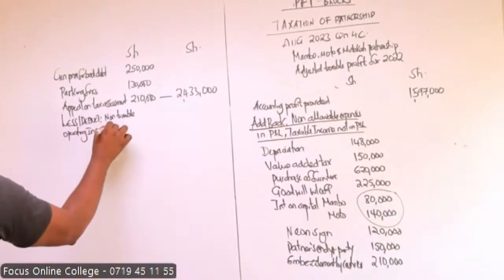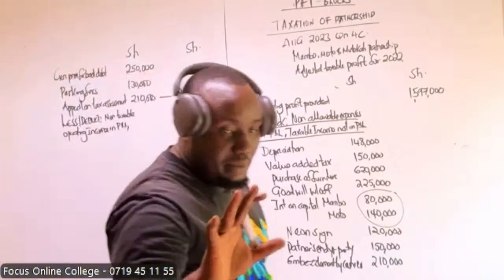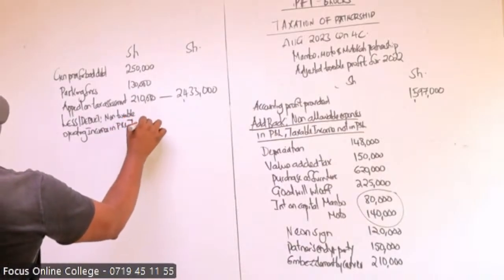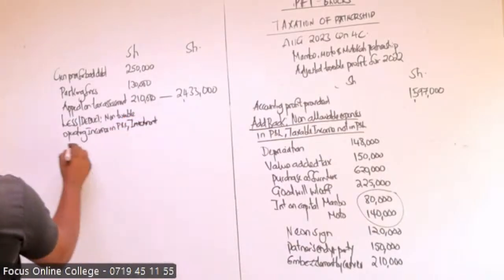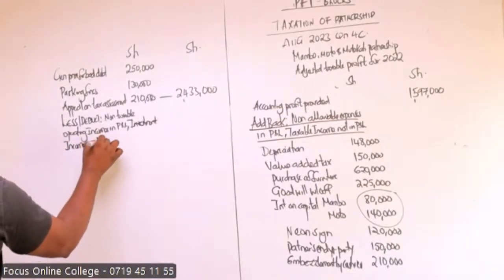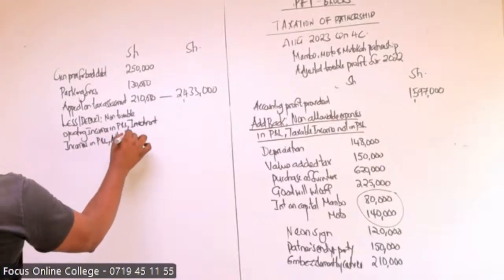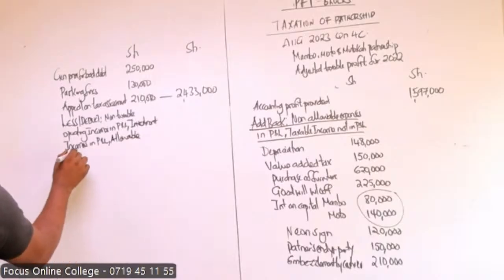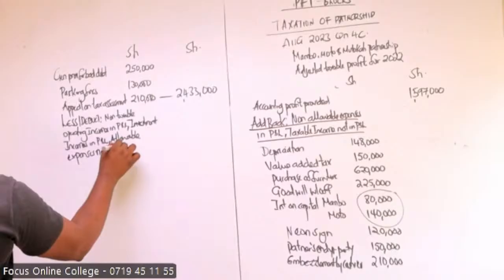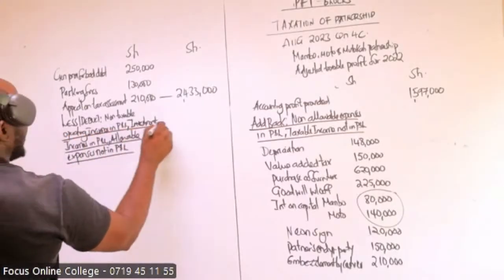If you look in the P&L, non-taxable operating income includes investment income in the P&L. Then we have allowable expenses that are not in the P&L.